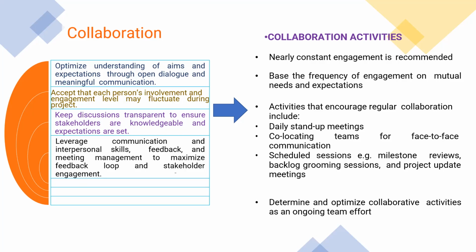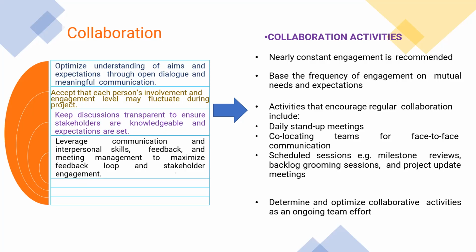Understanding that balance, that rhythm, will keep you from putting pressure on them when they are not coming through for you. You know that perhaps they are engaged at the moment. Whenever they are free again, they will come back. Keep discussions transparent to ensure stakeholders are knowledgeable and the expectations are set. So you need to be transparent so that they are aware, they are knowledgeable, and they know exactly what is expected of them.